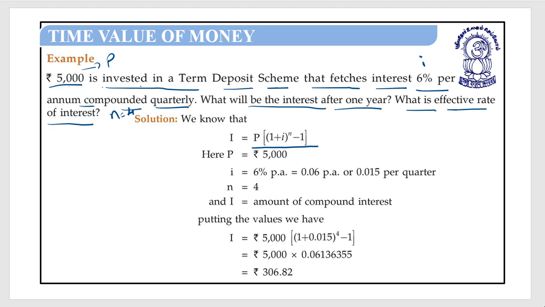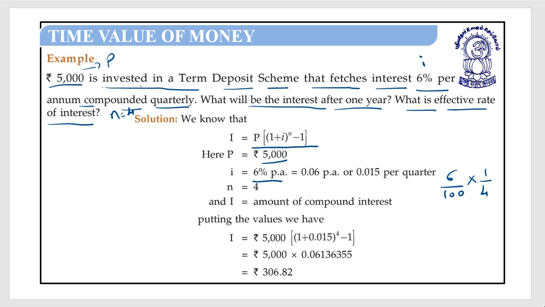So put the values: P is equal to 5,000, i is equal to 6%, so 6 by 100, and per quarter, so 1 by 4.